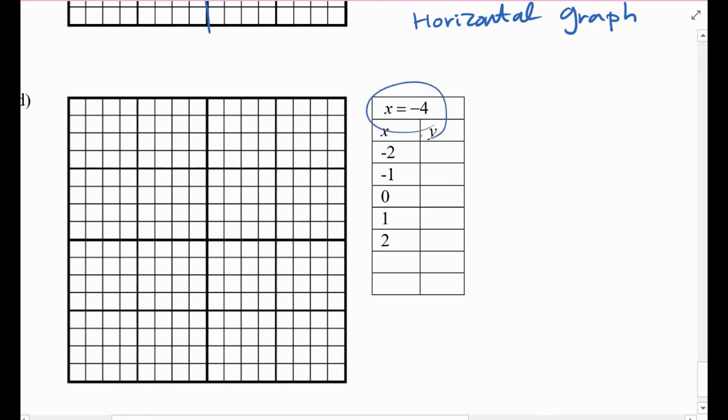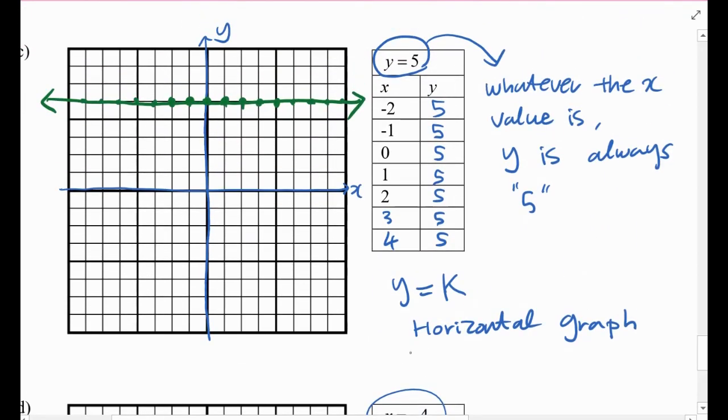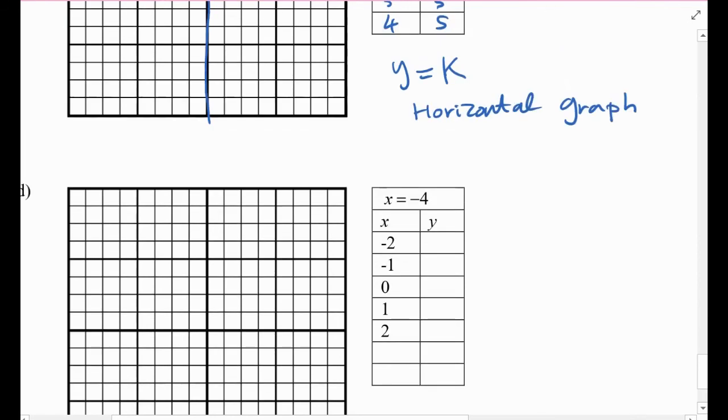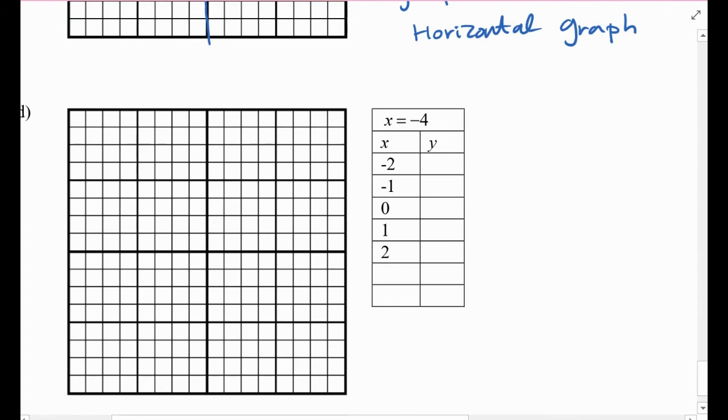And what about this? When y equals something is a horizontal graph, what do you think about x equal to something? Is this also a horizontal graph, or do you think this is something else? What do you think, everyone? This means x equals -4 means whatever the y value is, x is.